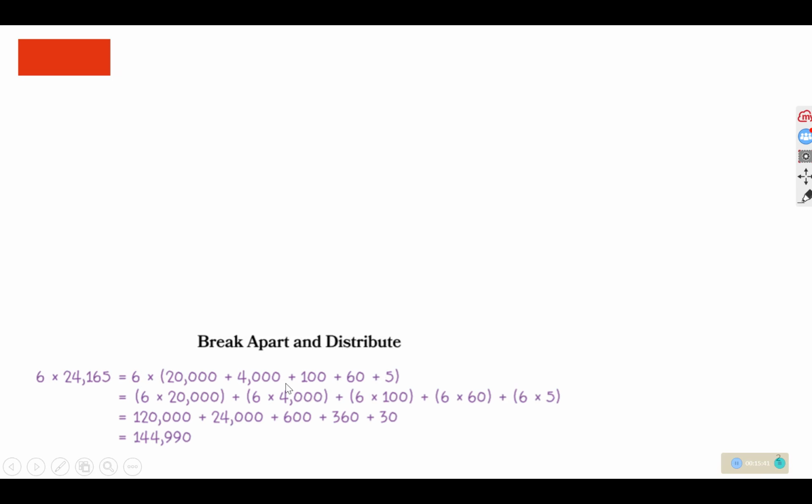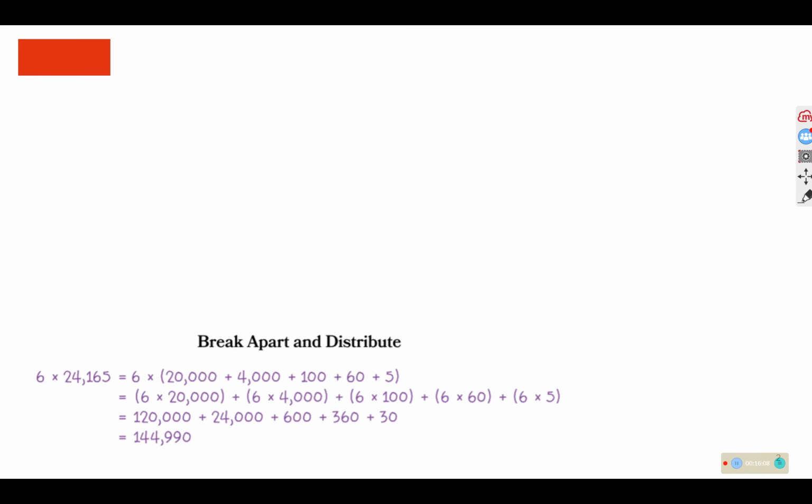This one, they broke apart and distributed. So they had 6 students, and each student takes 24,165 breaths. So they broke it apart into each place value, 20,000, 4,000, 165. And all of those pieces need to be multiplied by 6 because we have 6 students.